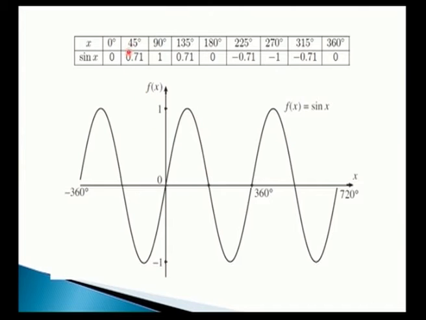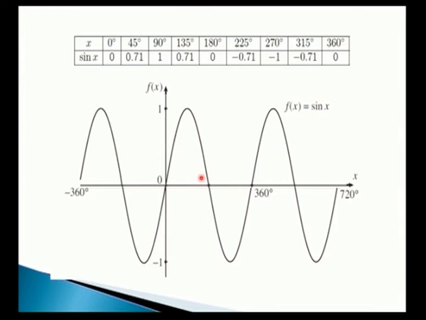Here we substituted the value of x in degrees. Instead of degree, if you use radian, you will get the same pattern. You know, pi radians is equal to 180 degree, then 1 radian is equal to 180 degree by pi. So, this is how radian and degree can be related, you know that.